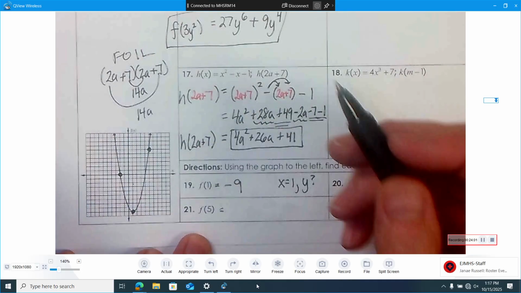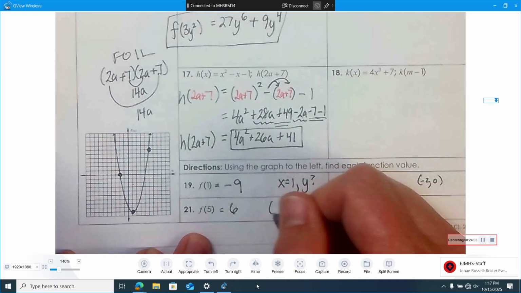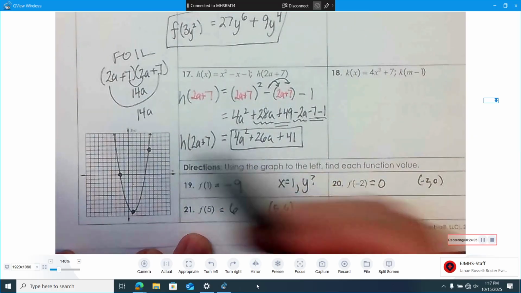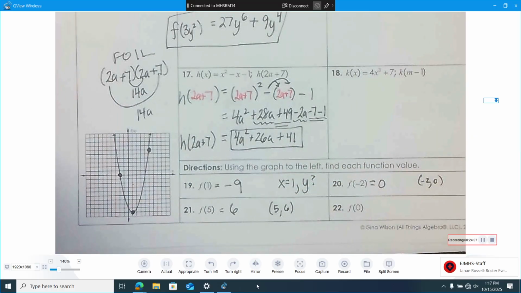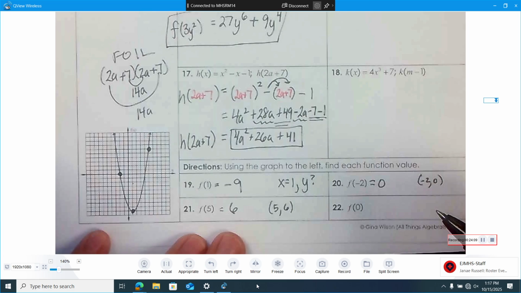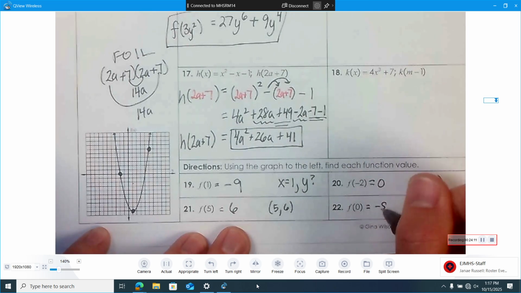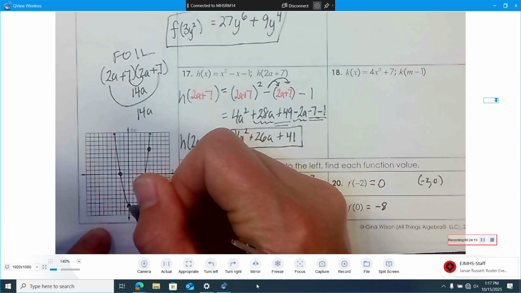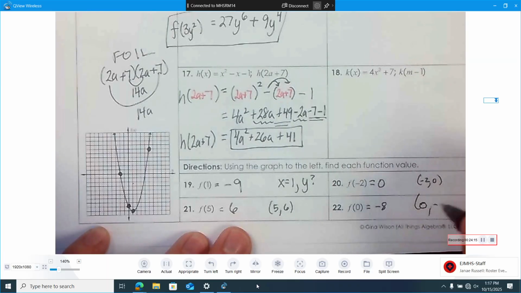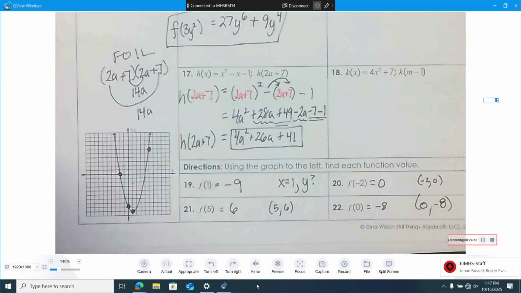It's a really small graph, but the ordered pair would be 5, 6 on my curve. And then f at 0. Negative 8. Very good. The point on my curve is 0, negative 8.